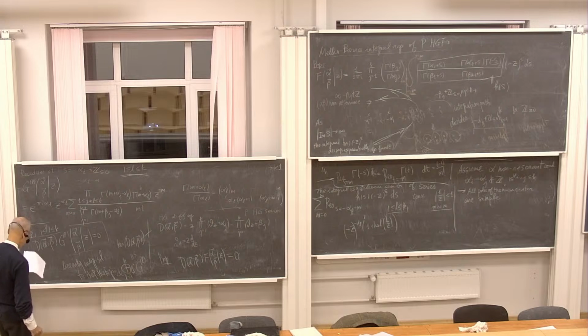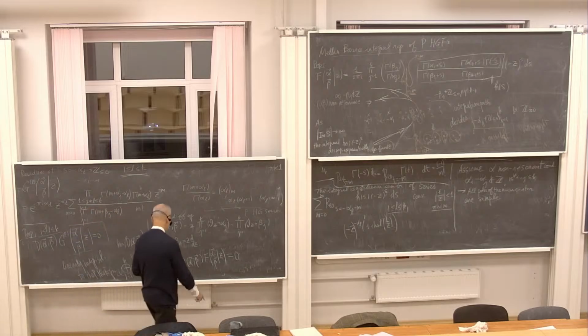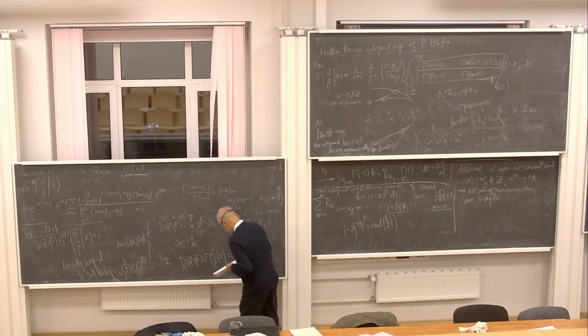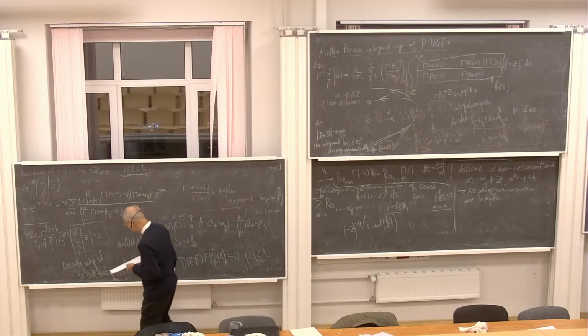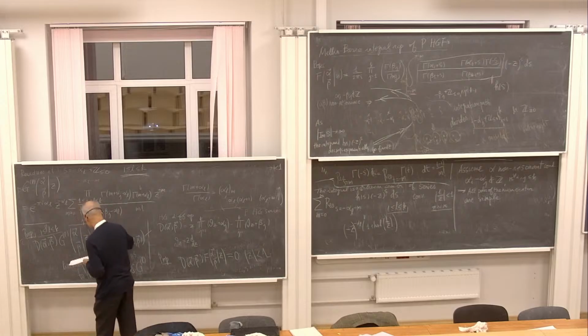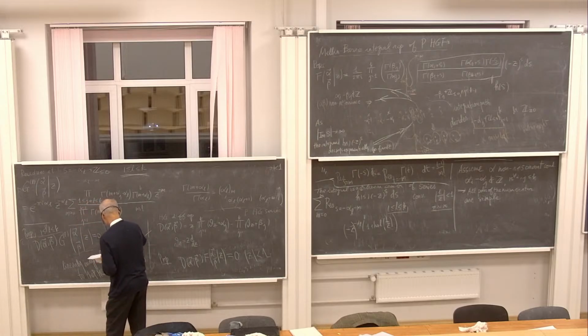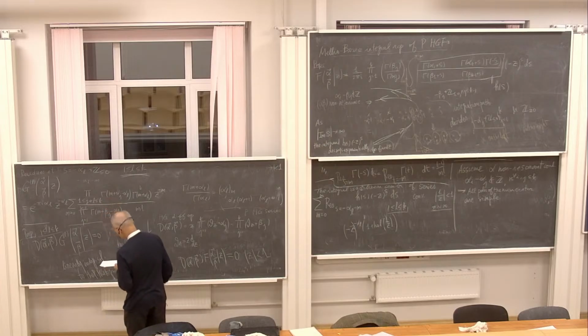Okay, so finally we got this, which was z near 0, and this is near z equals infinity. These two series are defined in different convergent domains, but of course they are related to one another.